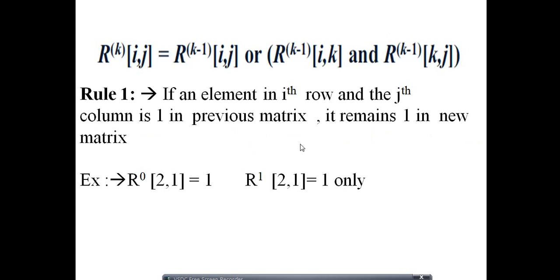Rule number 1. If an element in the ith row and jth column is 1 in the previous matrix, it remains 1 in the new matrix. See here, in R naught, the previous matrix, the second row, first column has the value 1.